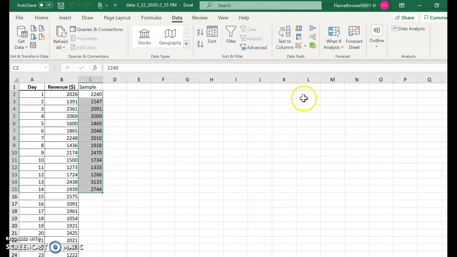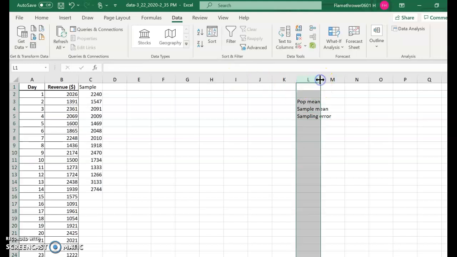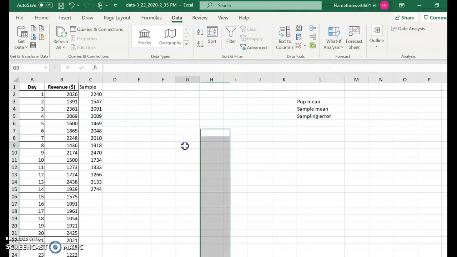So I'm going to come over here to the side and set up a population mean, a sample mean, and then my sampling error, just to have a spot where I can do that.